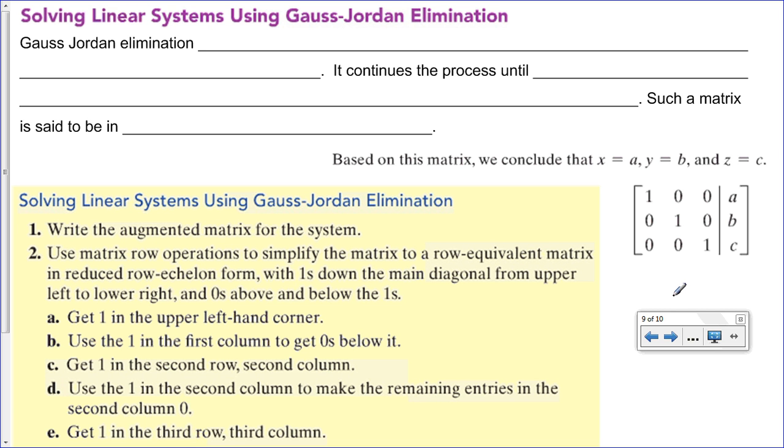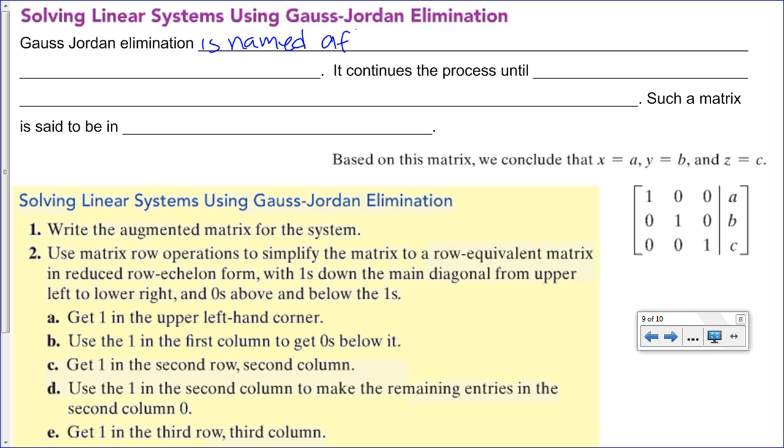So the next method is Gauss-Jordan elimination. And Gauss-Jordan elimination, stop talking please. So it's named after Brianni, I can hear you.